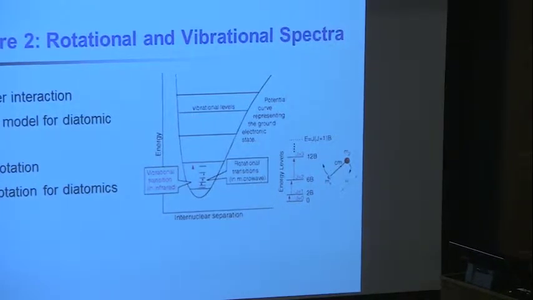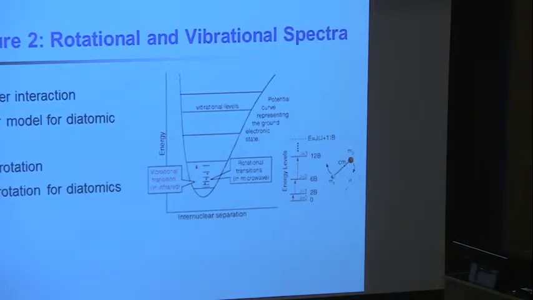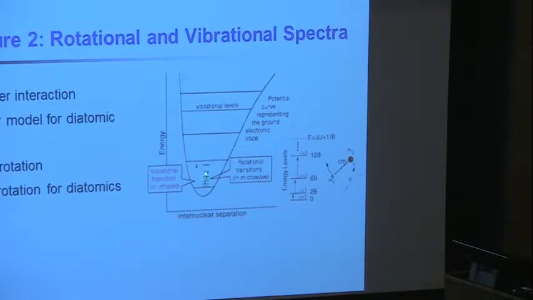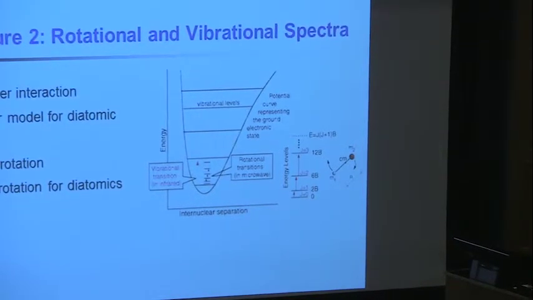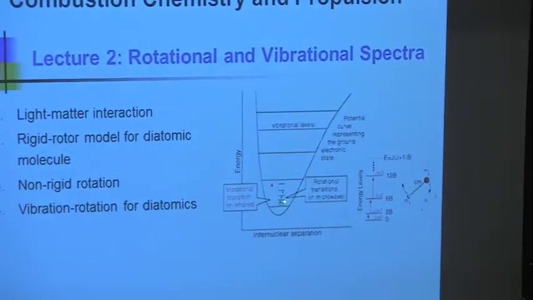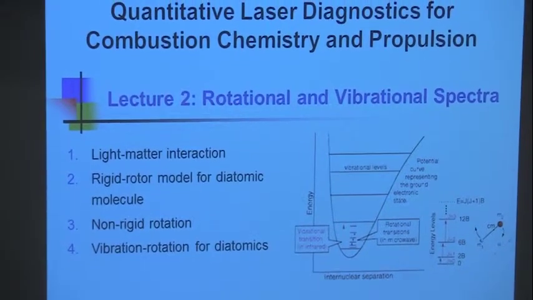So it oscillates in this well. Superposed on top of that are rotational energy level structures. And so if we have transitions between allowed rotational states, those transitions occur in the microwave region. They're called pure rotational change. We mostly are concerned with the combined rotation and vibrational change, which are higher energy and they occur in the infrared.